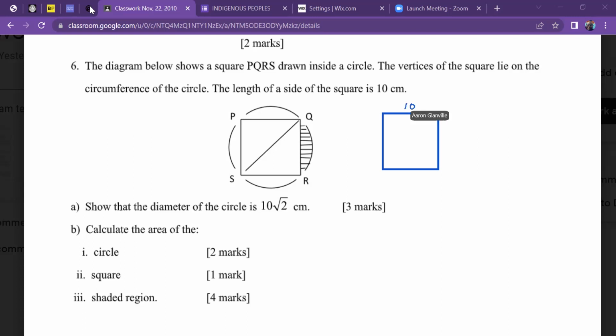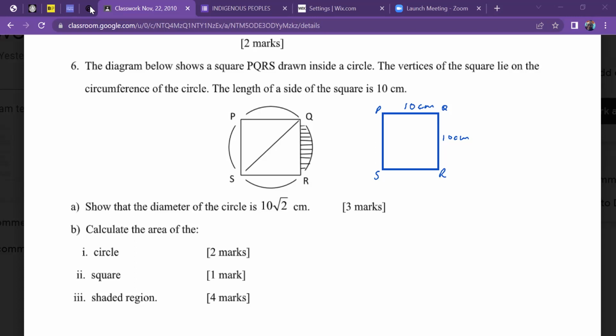Each length is 10 centimeters, and this is also 10 centimeters. We know that these points P, Q, R, and S touch the circumference.